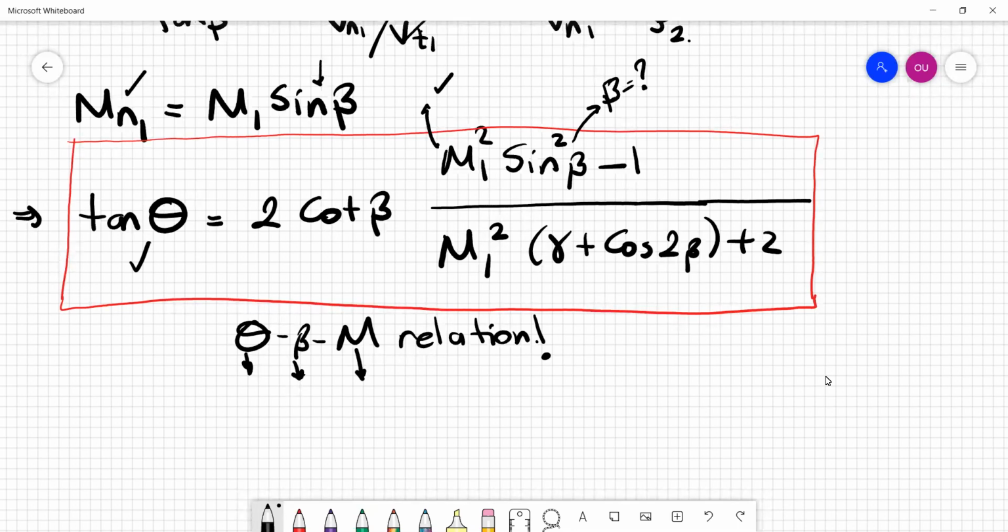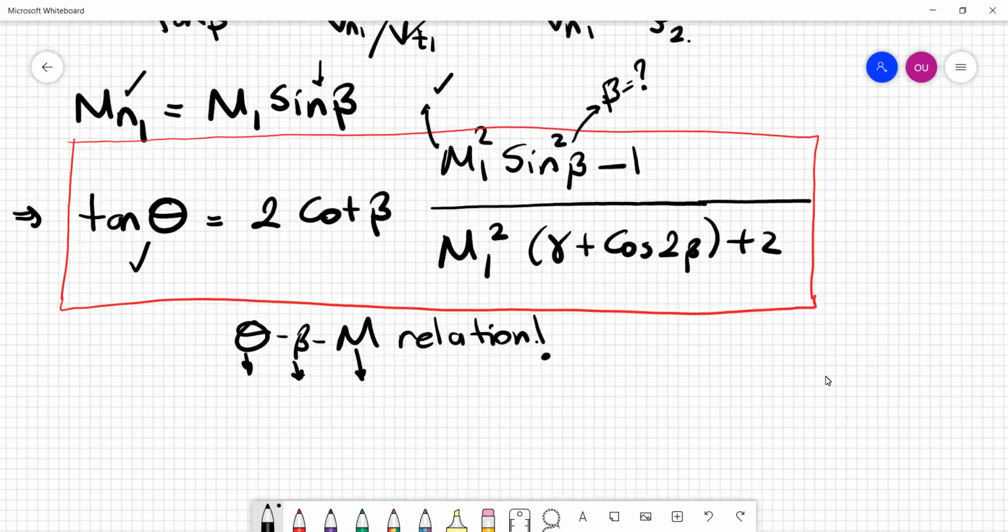And we use this relation for this, the theta-beta-M relation. And as you can see, it's not an explicit relation, meaning that it's very difficult to isolate beta to the left-hand side of this equation here, okay? It's not so easy.